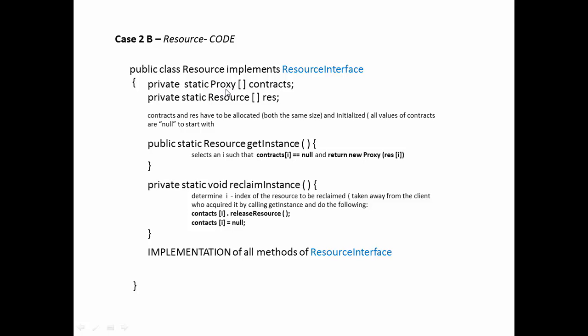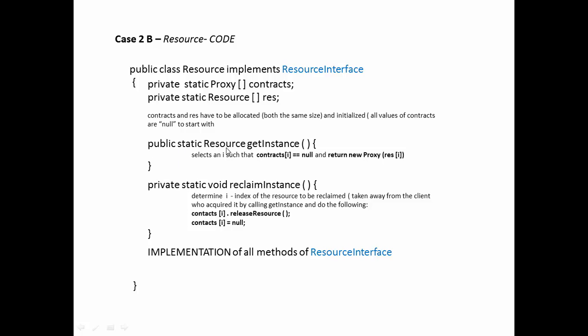We have the array contracts, which is an array of proxies. And we have, like before, the array res, which is the array of resources. Again, all the contracts, all the proxies are initialized to null to start with because there are no contracts for any of my resources.